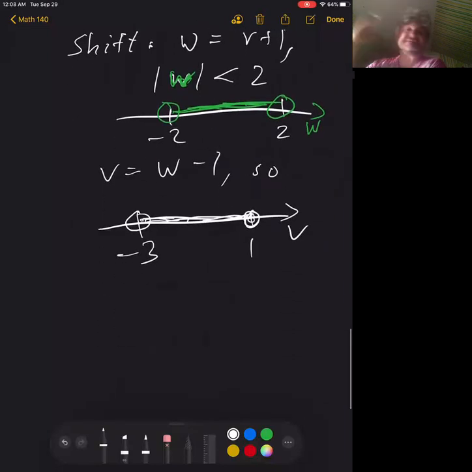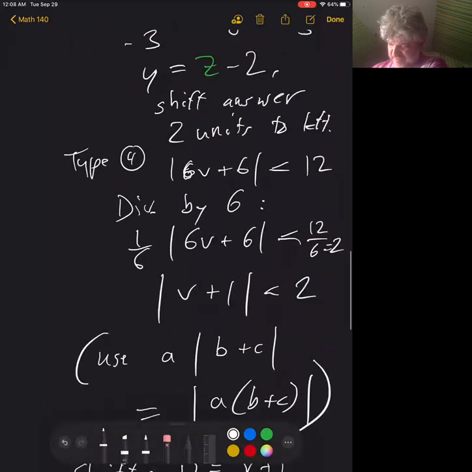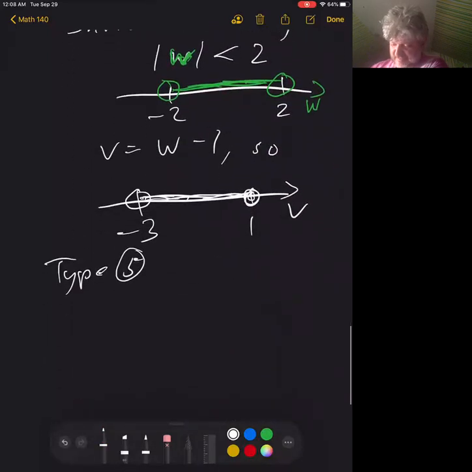And then the last finishing touch to the whole thing is combine all the techniques and tools that you have, and you get type 5 inequalities. Throw everything that you got at it. Absolute value of 6v plus 6, minus 2, strictly less than 10. Okay, what do we need to do?